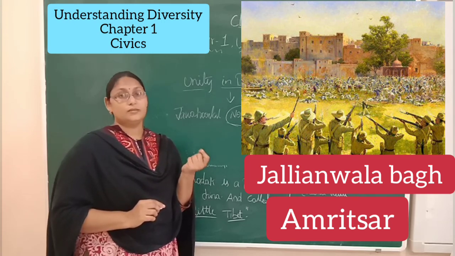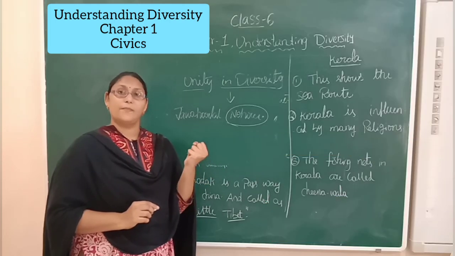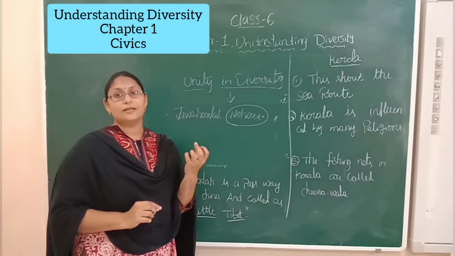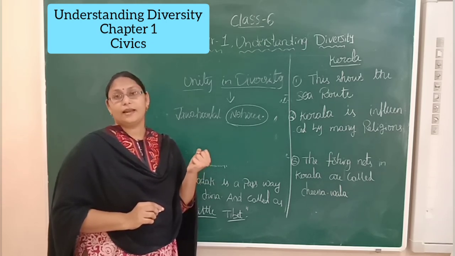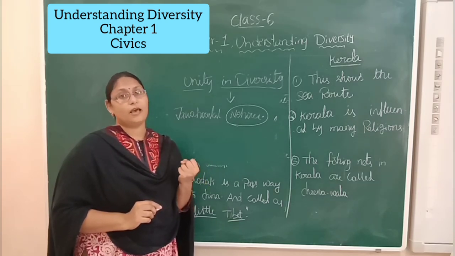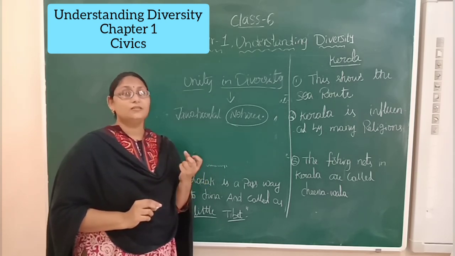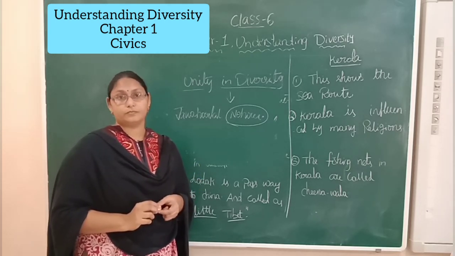Because of this incident, all the Indians came together to fight against the Britishers. By seeing that strength, the Britishers were surprised. They felt that they could divide and rule India. But by seeing the strength of the Indians, they were afraid. So that is the unity of the people of India.